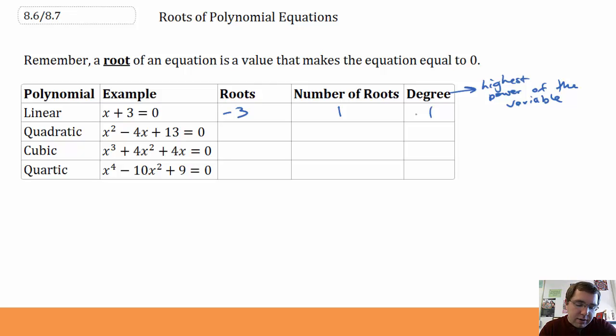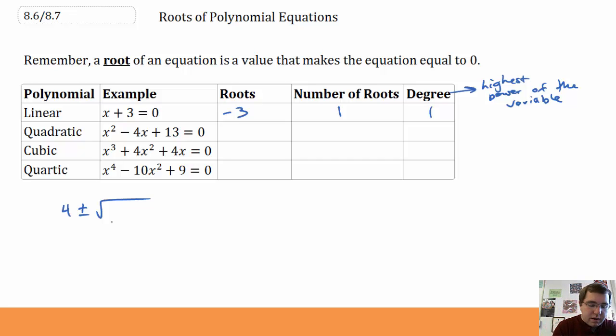Take the quadratic equation, x squared minus 4x plus 13 equals 0. I know how to solve that. It's not factorable, but I can still solve it using the quadratic formula. So negative b would be 4 plus or minus the square root of b squared, which is 16, minus 4 times 1 times 13, and 4 times 13 is 52, so I'll have 16 minus 52.